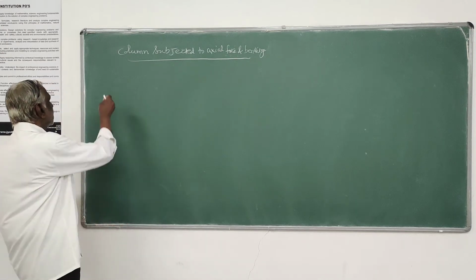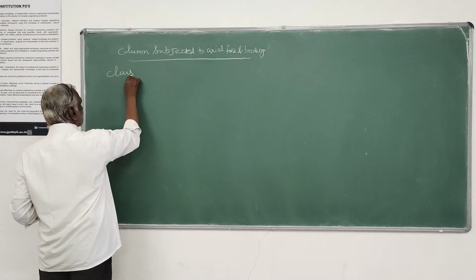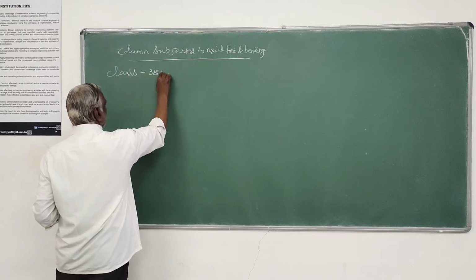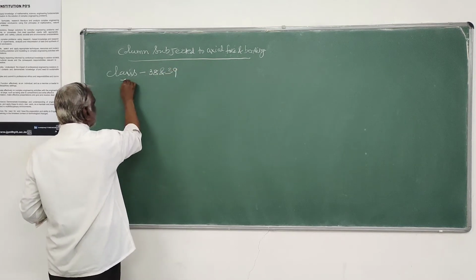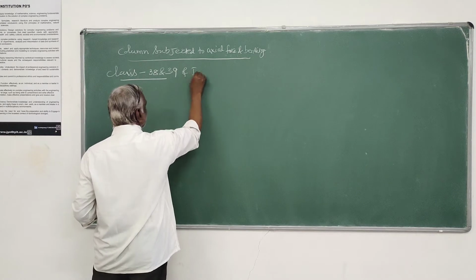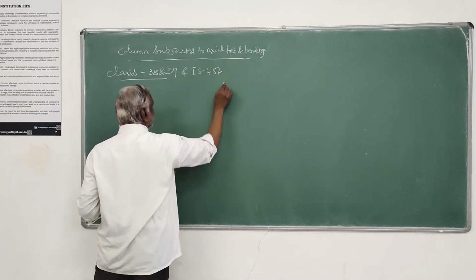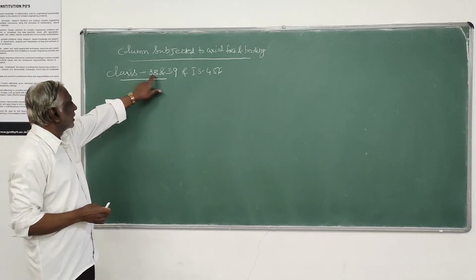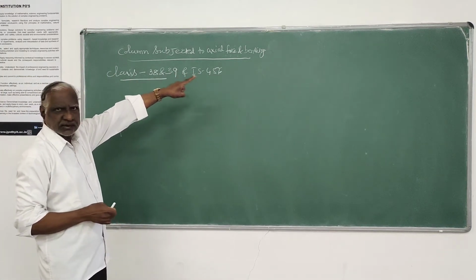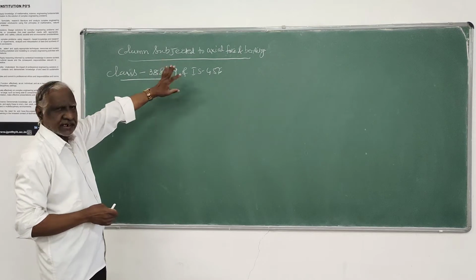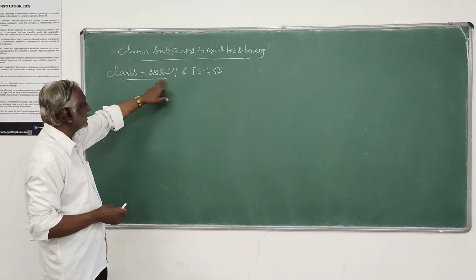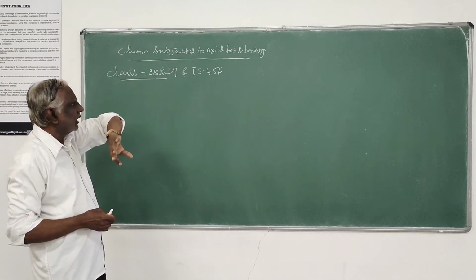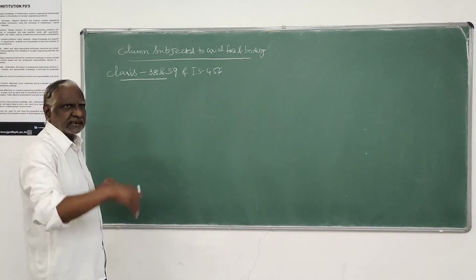As per that, I think clause 38 and 39 of IS 456 have to be completely used for the design of this column. Clause 38 is for bending, flexion, that is limit state of collapse in flexion, and clause 39 is limit state of collapse with compression.